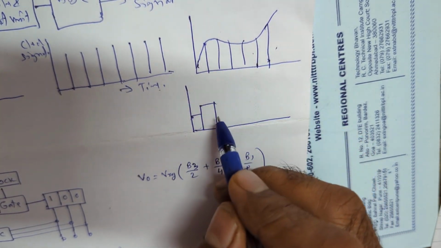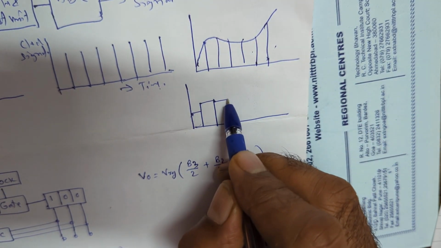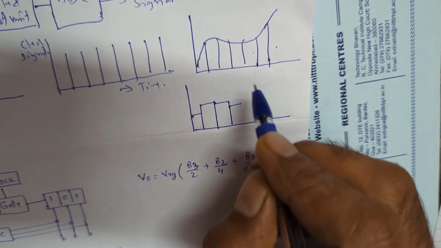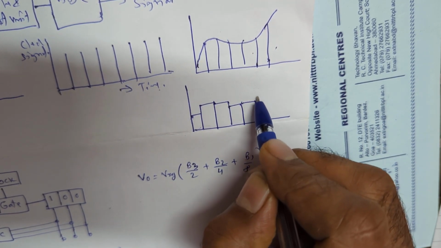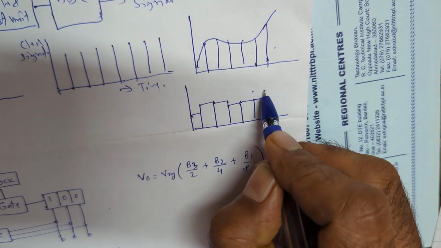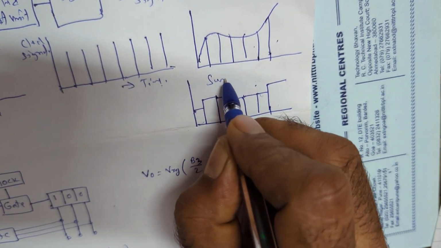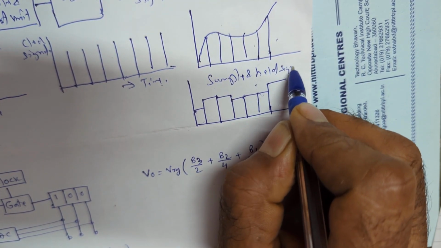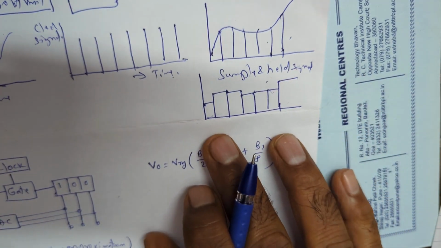Then again it is held until it reaches this signal, which is at a lower value. And this is approximately the representation of the digital signal. This is the sample and held signal. It is a digital representation for the analog signal.